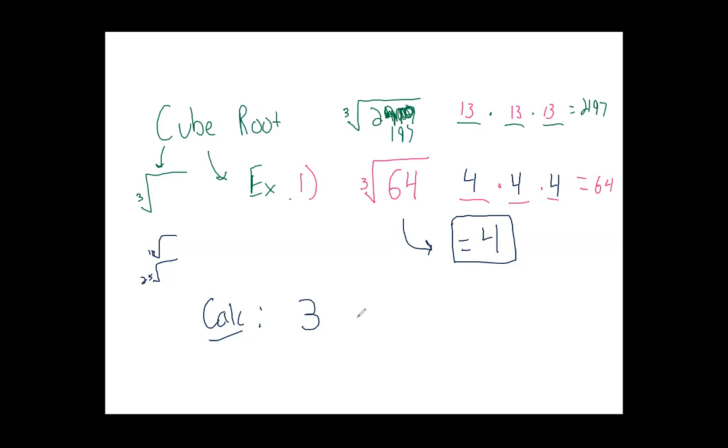Then you're going to hit the 2nd button. Then you're going to hit the caret button, because if you look above the caret, what do you see in green? You see a little root symbol with an X, right? So 3 is going where X is, right?